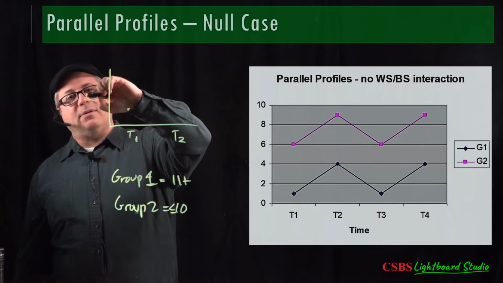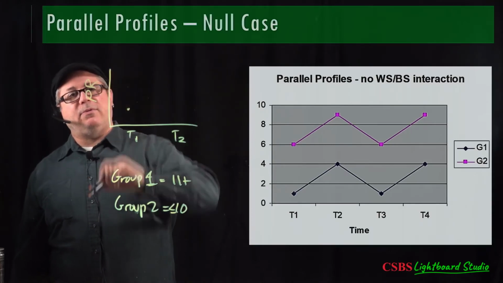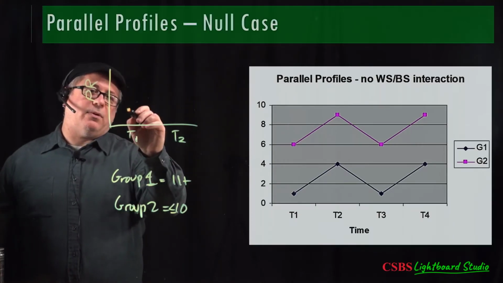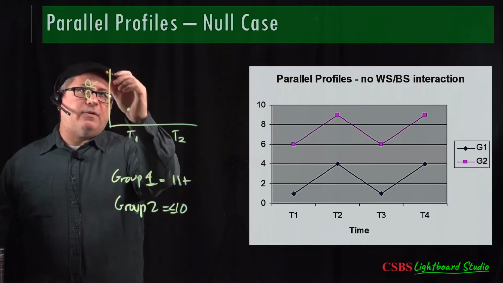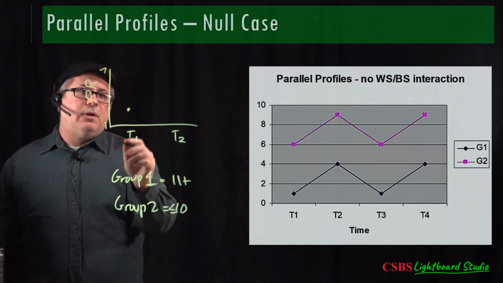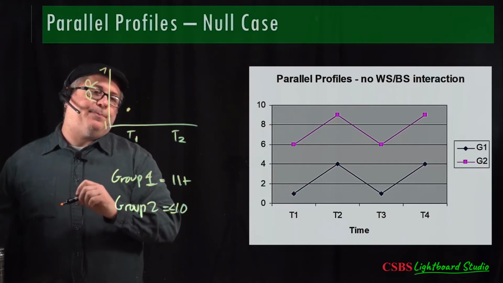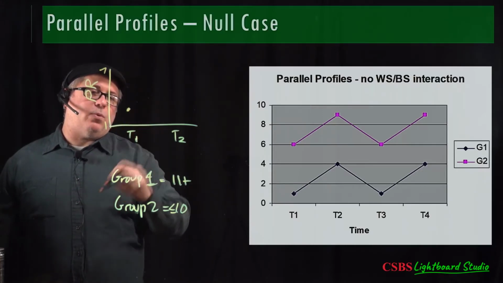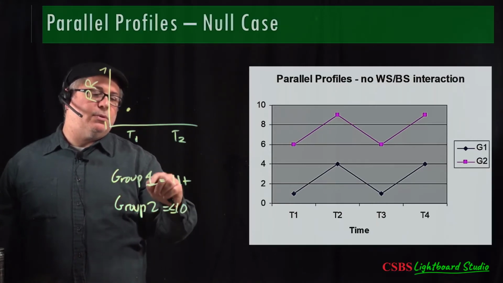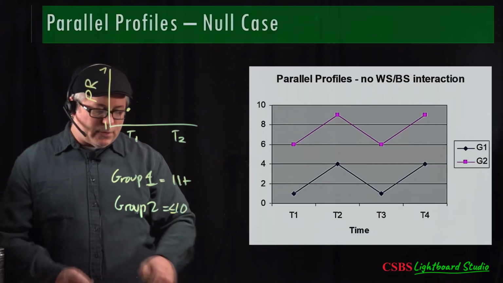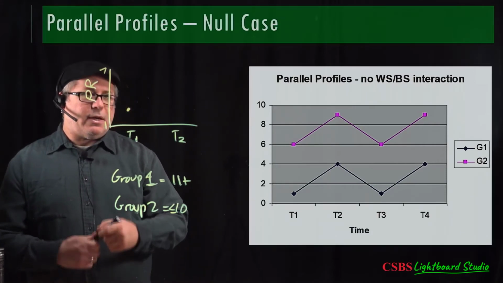So I'll just call this PR for parental resilience, okay? So they start off lower. I don't remember what the scale is, but let's say here they got 7 and they got 1. If you're looking at time 1, group 2 tends to start off a little higher.